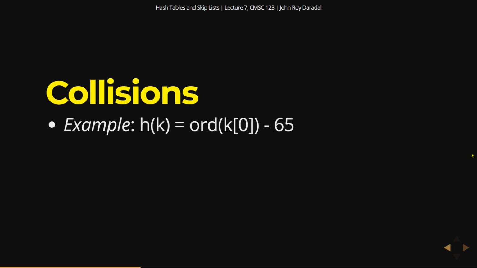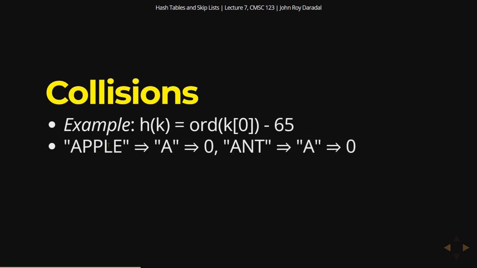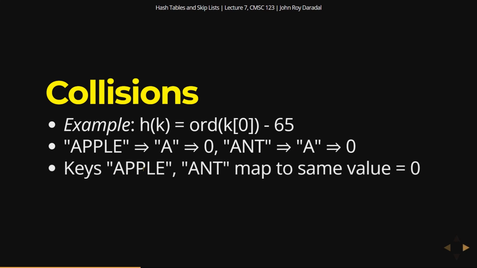Another example: what if we use the first letter like earlier? Let's say we have two keys, apple and ant. If we take apple, the first letter is A, and A will be mapped to 0. For ant, we take A as the first letter and A will also be mapped to 0. So they are both mapped to 0, and the two keys, apple and ant, will also collide because they map to the same index value, 0.